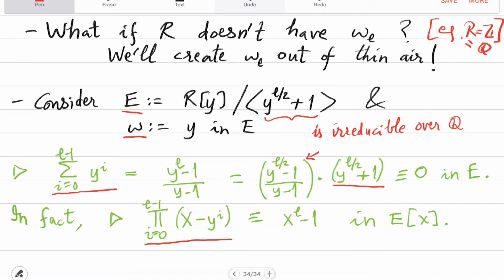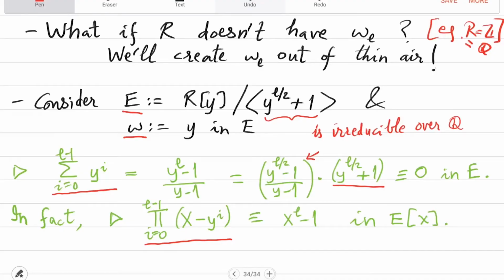From the roots of y to the L by 2 plus 1, can we generate all the roots of x to the L minus 1? Use a different variable, so all the roots of x to the L minus 1. Those questions are not what you would expect when the ring R is complicated, because in a ring R there may be many more than L roots.